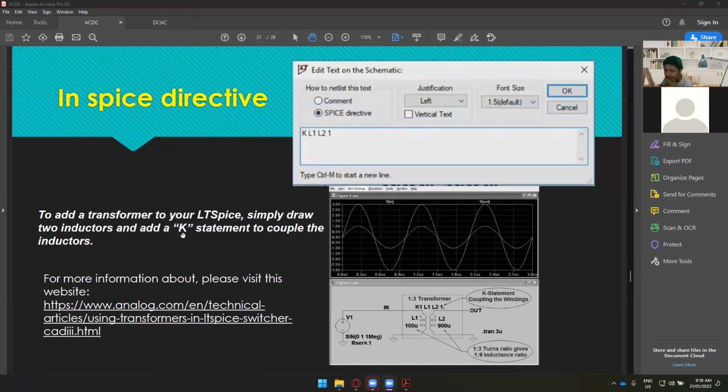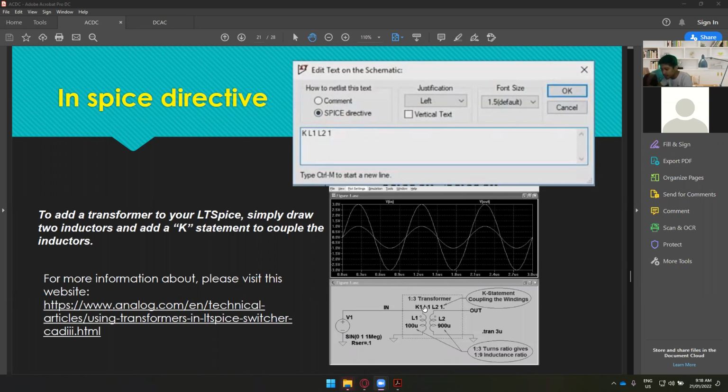If I'm not mistaken, this is the term for the transformer. I forgot already, but here is a complete guide on how to come up with this transformer configuration. The K statement is coupling the windings.